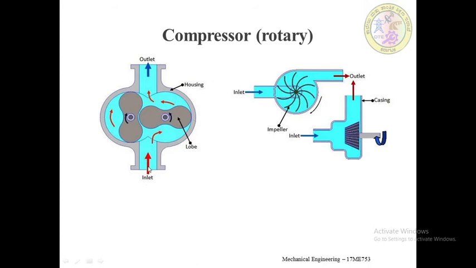The inlet of air takes place from the bottom side, and the air gets compressed and goes out of this mechanism through the outlet. It is very similar to the lobe pump used in a hydraulic system. The operating pressure is limited by leakage between the rotor and housing. As the wear increases during operation, the efficiency falls rapidly.